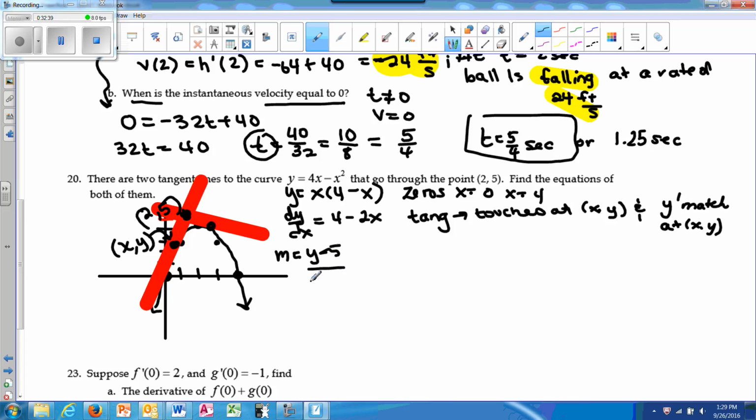There are two things that are true about this curve in order for it to be tangent. A tangent line touches the curve, and it has to have the same slope, so the y primes have to match at x, y.